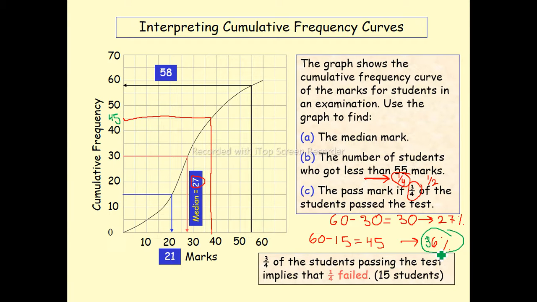See what I'm saying? Because remember, 45 students failed. 45 students got less than 36%. And I go in front of the class and say only 15 people pass. That means that the 15 people had to get either 36 or above. Right? So that's the idea.